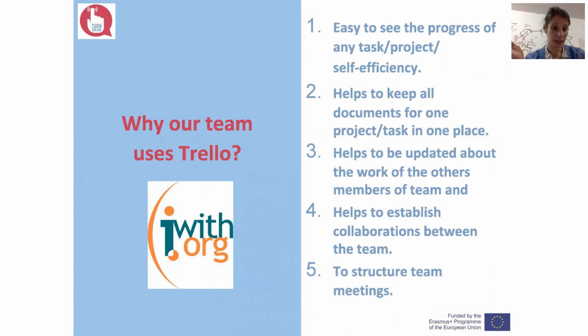You have also seen it, because you can add a person to your card, you can comment on the task together, and you can put all documents together. You can turn on notifications and be updated on what is going on with your tasks, and it helps to structure team meetings. So I think it's also clear.